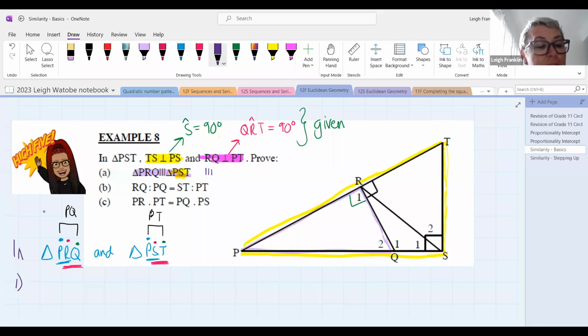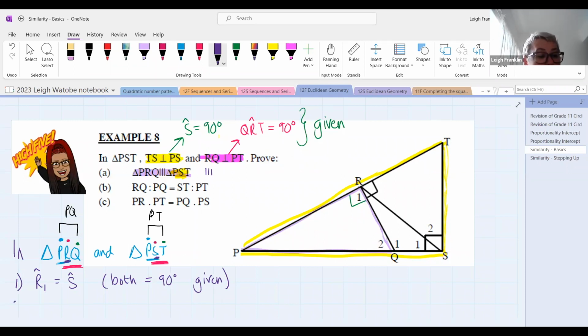So look here, there's angle R, and there's angle S. Can you see how they're both in the middle? They're both in the same position in terms of the order of the letters. All right, so they're telling us angle R1 is equal to angle S. What was our reason here? They're both equal to 90. This was given.